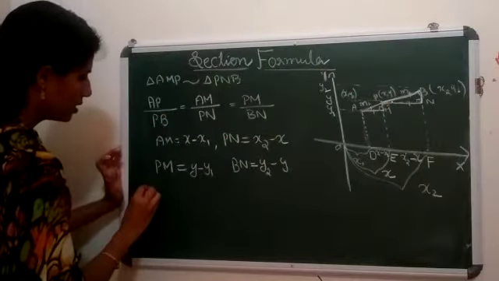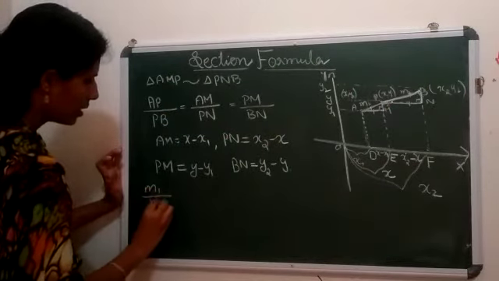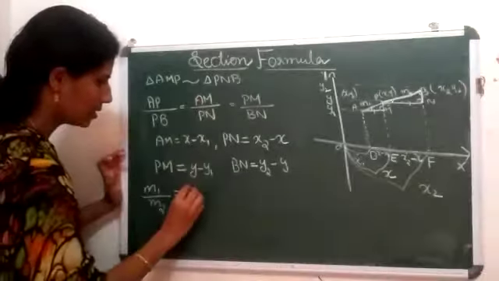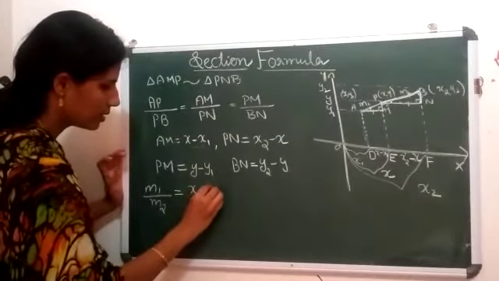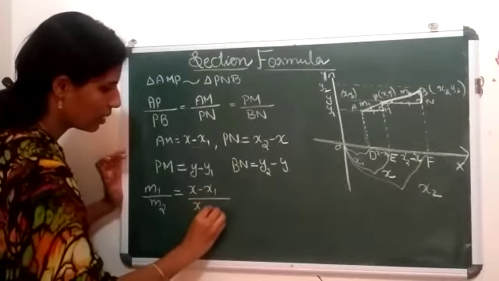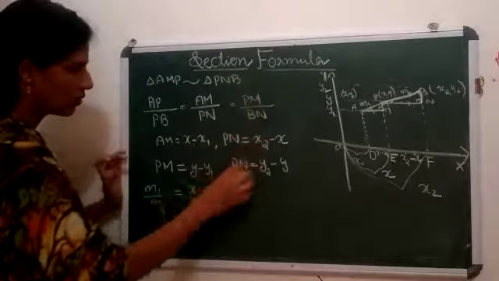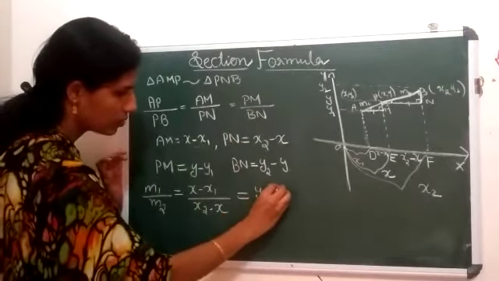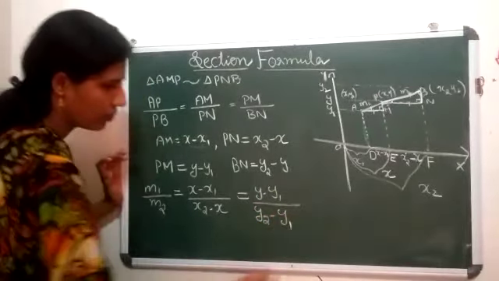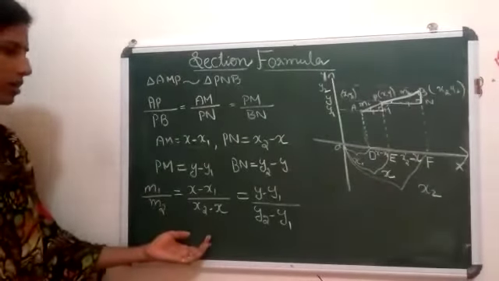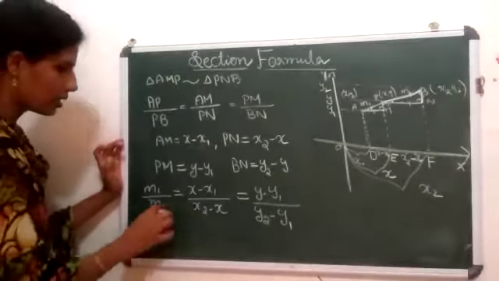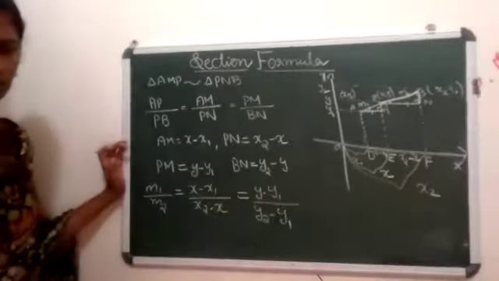So we are going to write it as m1 by m2 is equal to AM, instead of AM we have x minus x1, divided by PN, x2 minus x, equal to, instead of PM we have y minus y1, divided by y2 minus y1. So this is the ratio we found from this section. Now we are going to take these two after these two, equalizing.